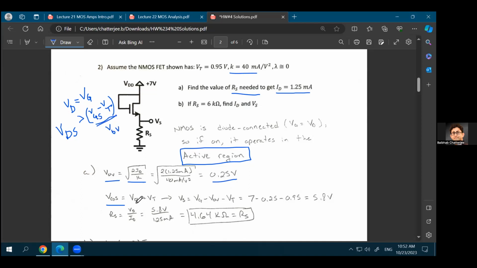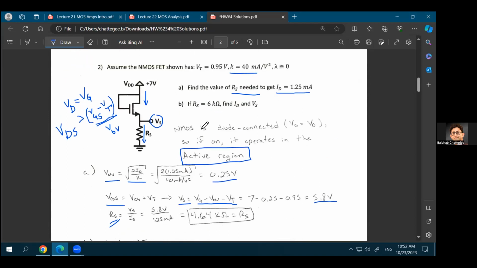So your VGS will be V overdrive plus VT, and from there, you can find out what would be your VS, what is the voltage at this terminal. That is VG minus V overdrive minus VT, and that gives you 5.8 volts. Now, if you know the value of VS, you can find out the value of RS. That would just be VS divided by ID. And remember, ID, that is the current at the drain of the transistor, will be equal to the current at the source of the transistor because of KCL once again.